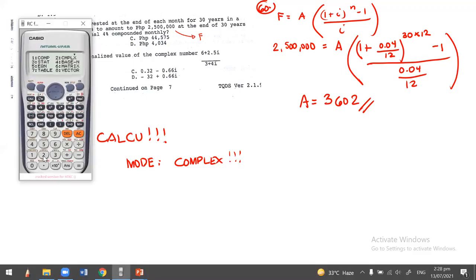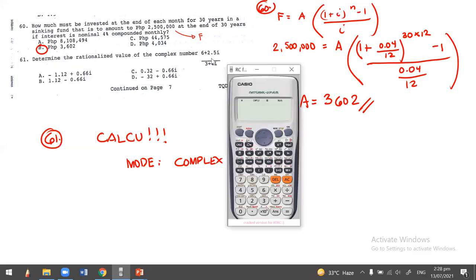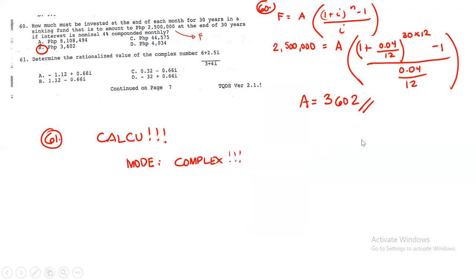Mode complex. Then, type natin 6 plus 2i over 3 plus 4i. So, sagot is 1.12 minus 0.66i. So, the answer is letter B.